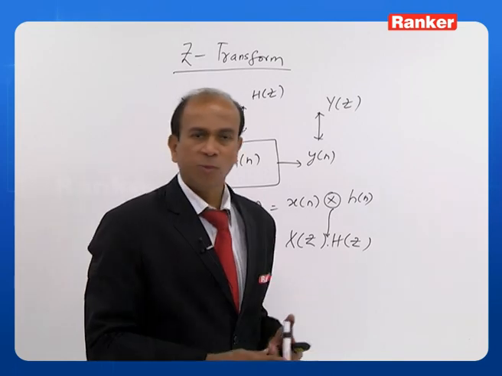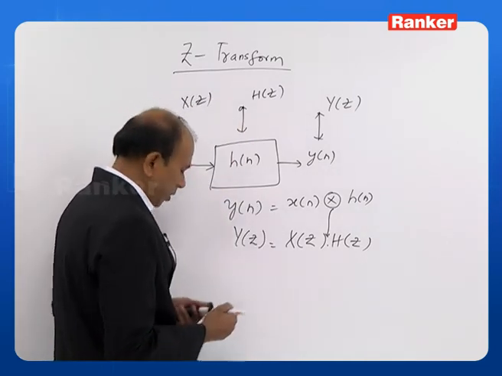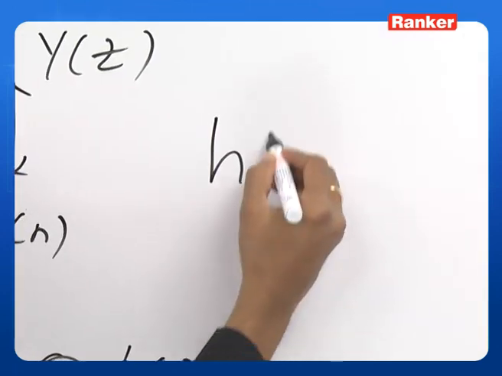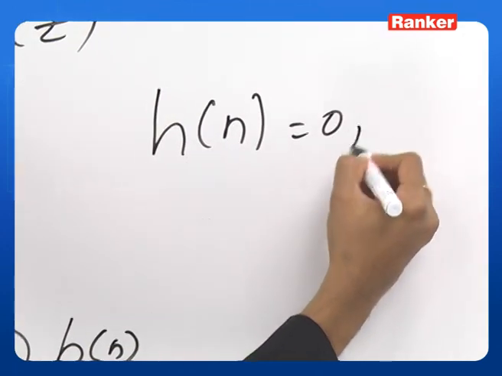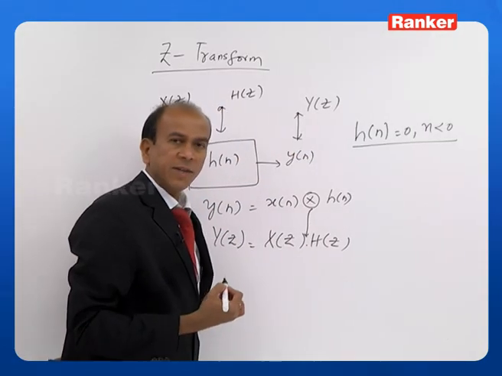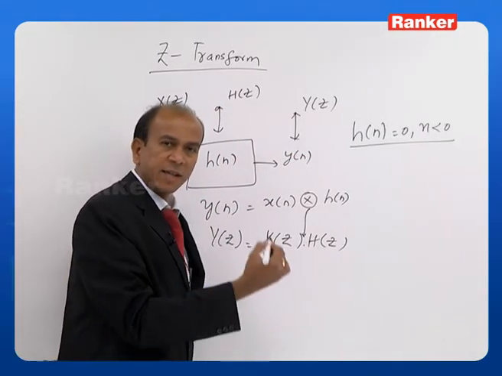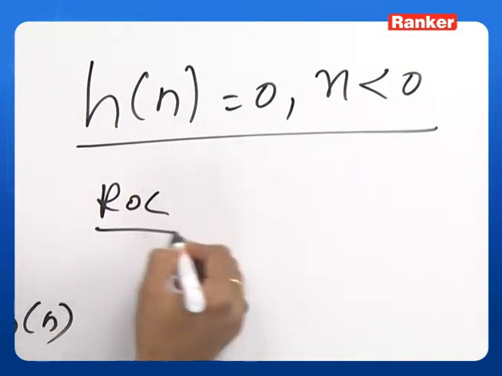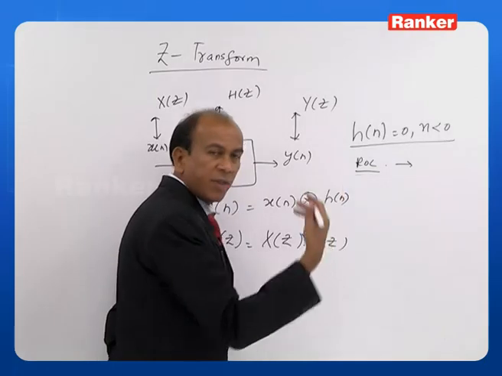So, let us put this on the board. When I say this system is causal, that means h of n is 0 when n is less than 0. What does it mean? It means that the function is a right sided function. What about the ROC? The ROC must be beyond the outermost pole.